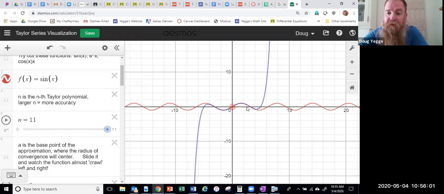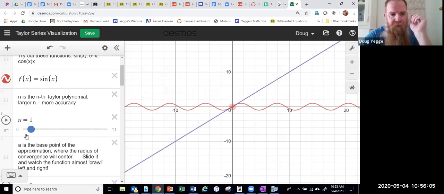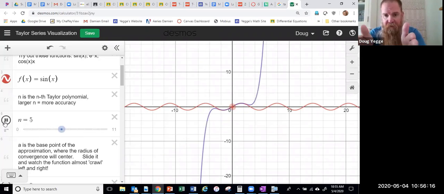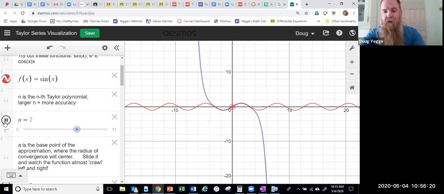What I was saying is that essentially, if I were to start this at n equals 0, we could just play this and recognize that as the number of terms in my expansion increases, notice how it continues to mold to that curve further and further away from 0, until I get to n equals 9, and then n equals 11.